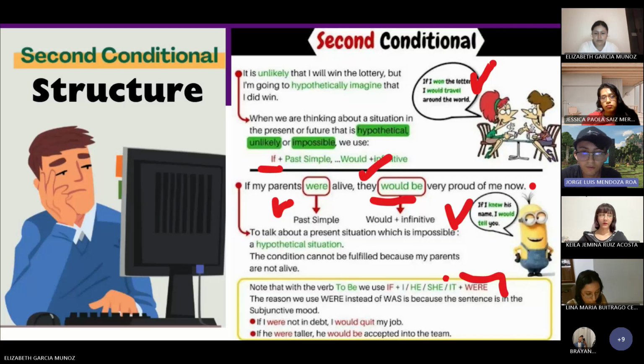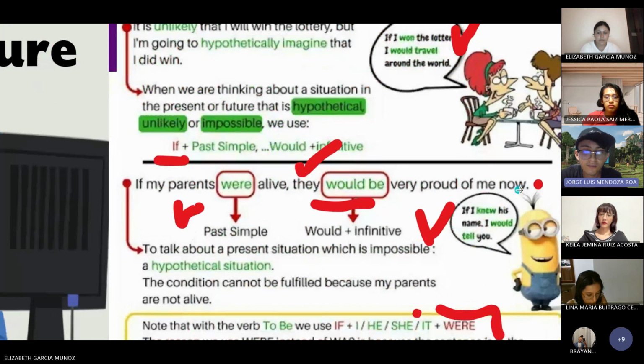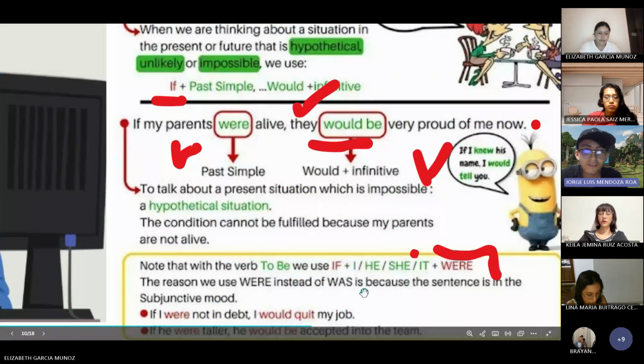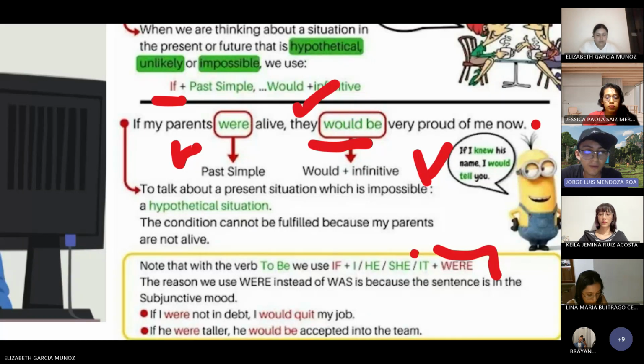We can use was, but there is a reason we are using a subjunctive mood in this case. Maybe you don't know what a subjunctive mood is. A subjunctive mood is when we are expressing a wish or a hypothetical situation that is unlikely to happen. For that, we need to use were all the time when we want to express this.